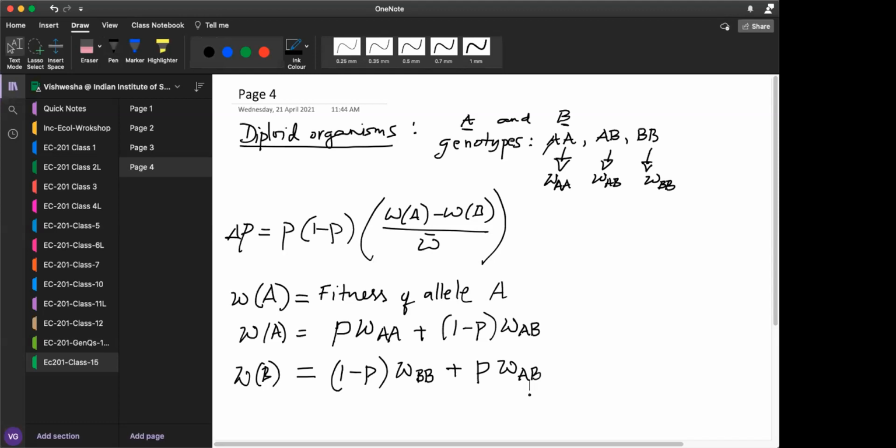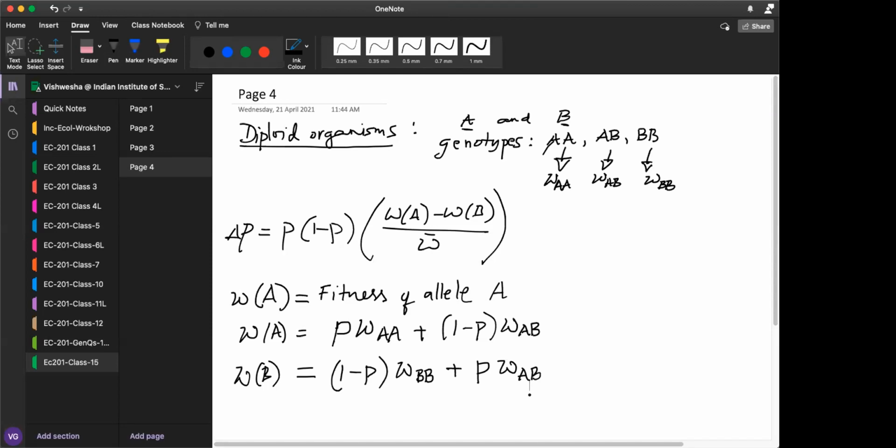Here, what does omega AA or omega AB represent? At the end of the day, reproduction happens by individuals, right? Individuals, genotypes are the ones that actually go from one generation to another generation. An individual having genotype AA has a fitness of omega AA is the interpretation of this.